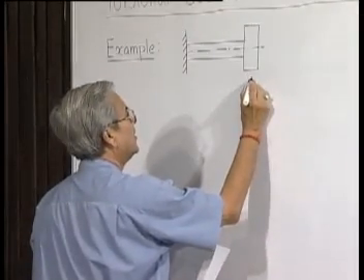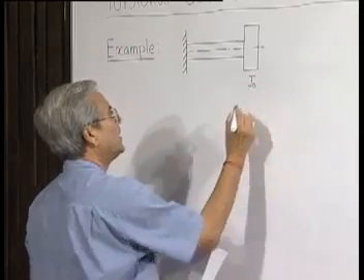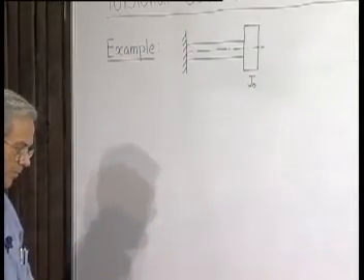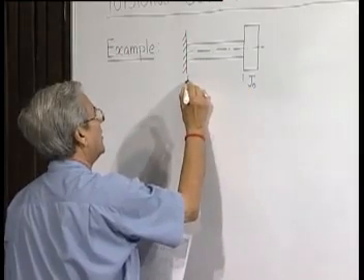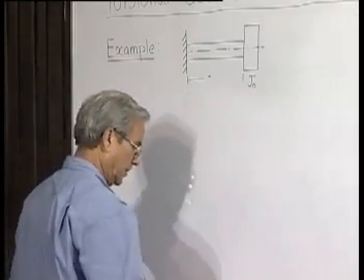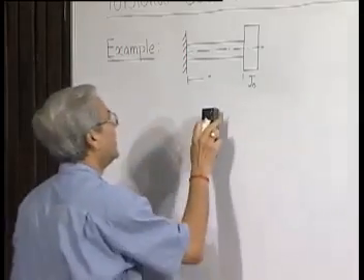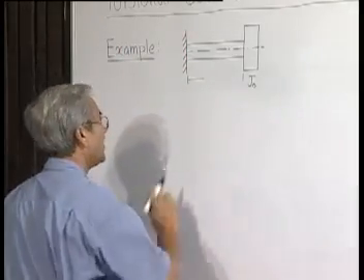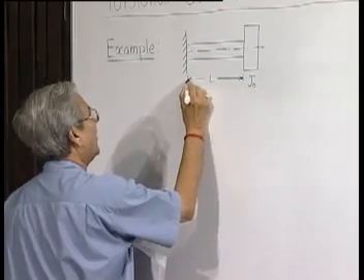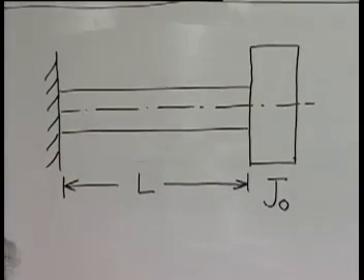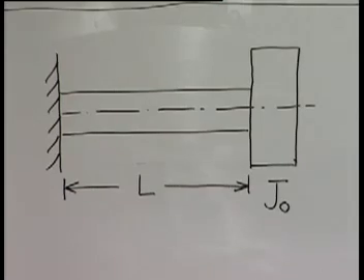Say the polar moment of inertia of the disc is J0. The length of the shaft is L. So now here the boundary conditions will be what?